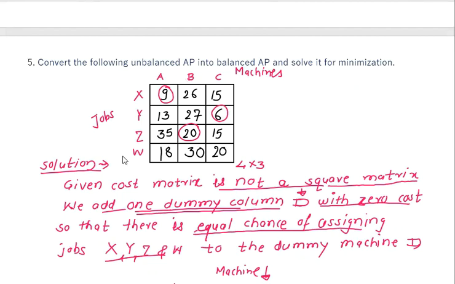So the solution is do not assign W to any machine, assign the 3 jobs X, Y, Z to the 3 machines A, B, C, and in that case, the cost of performing these 3 jobs on these 3 machines will be minimum. And do not perform job W on any machine.